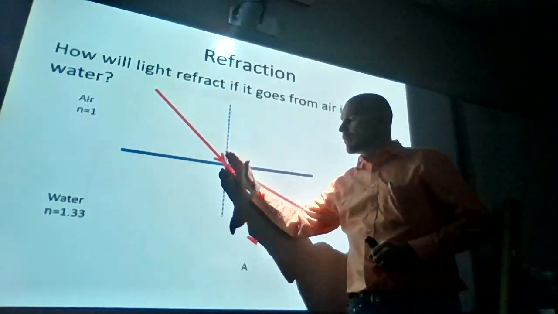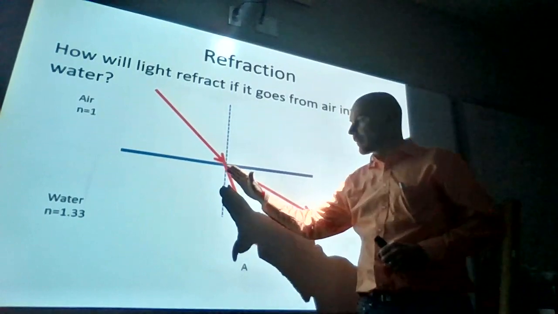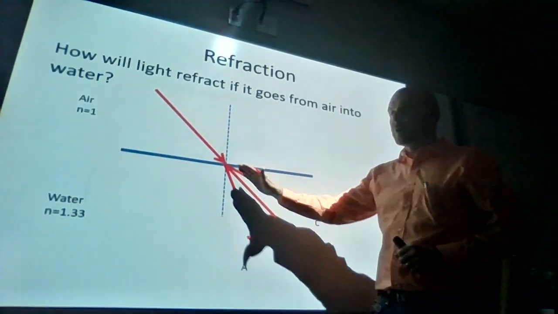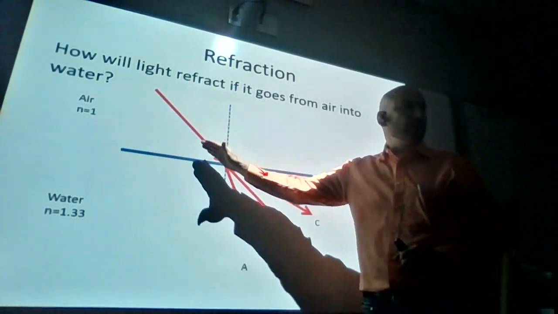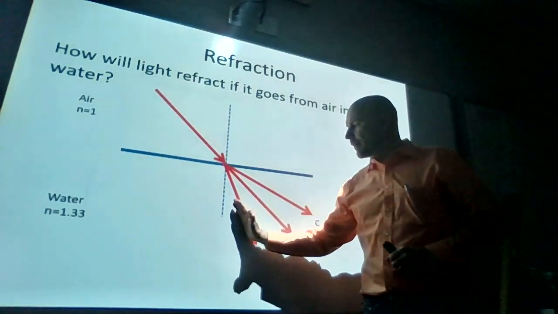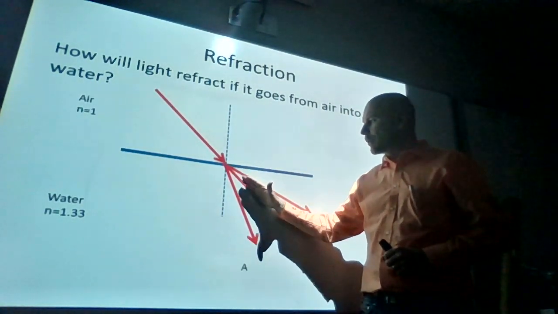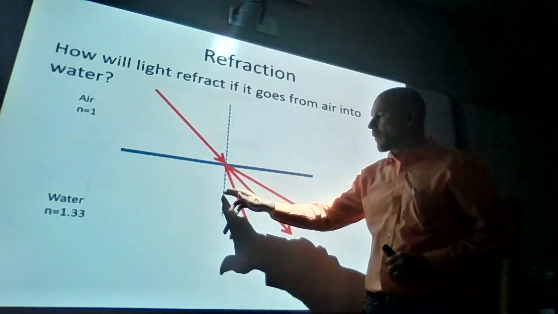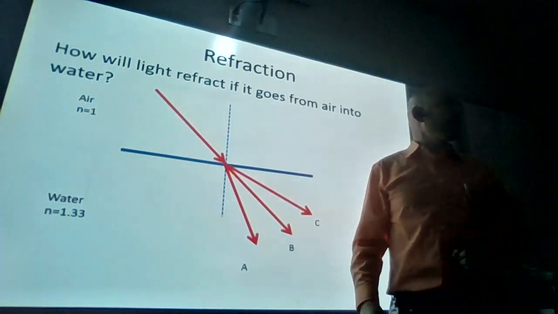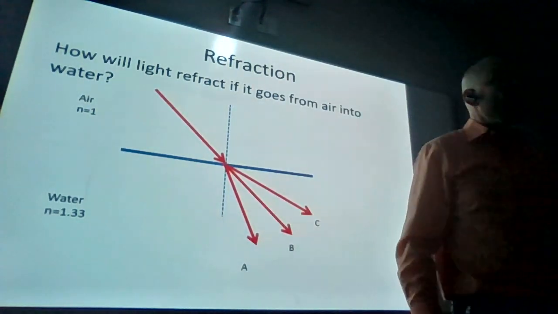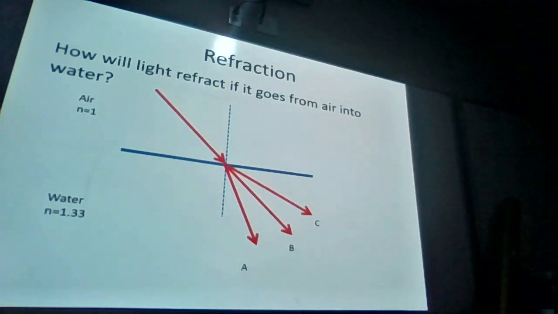It's going to bend towards the normal line. Here, B is no refraction, straight through. Towards the normal line means you're going towards this. Away from the normal line means you're going away from this. Good with that? So air and water, then it would be C.